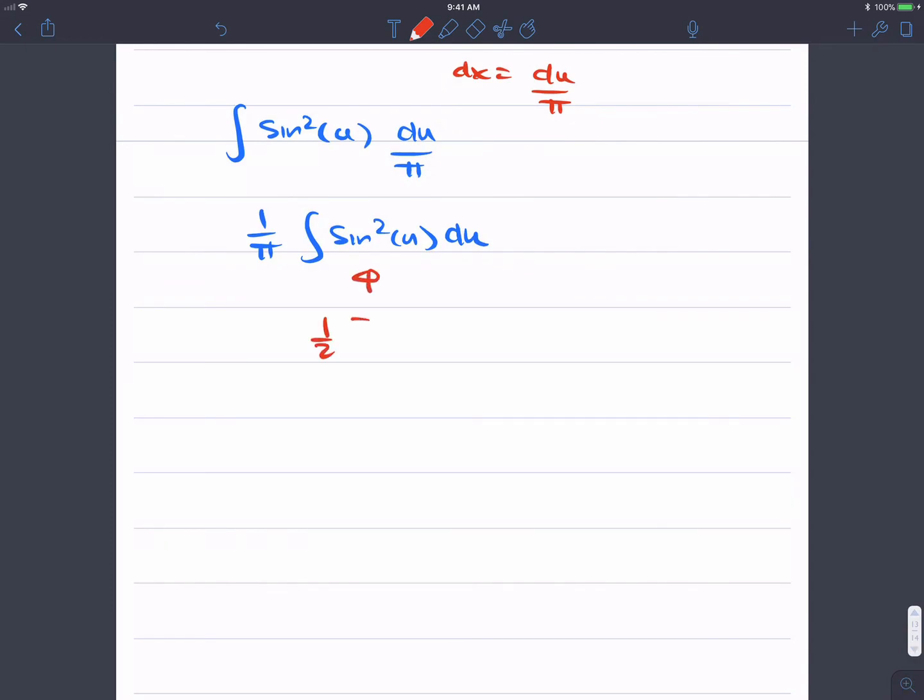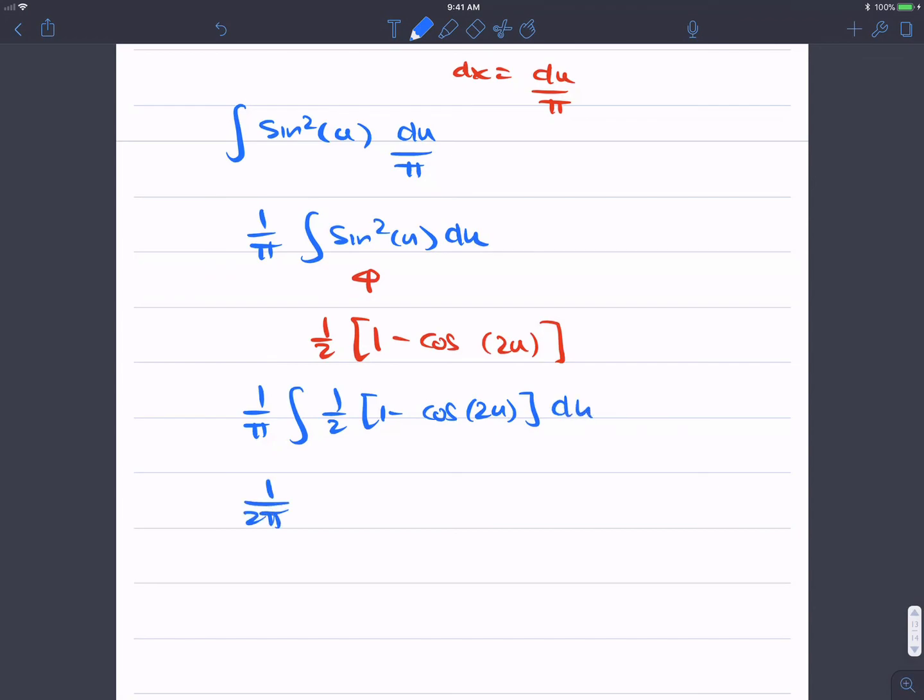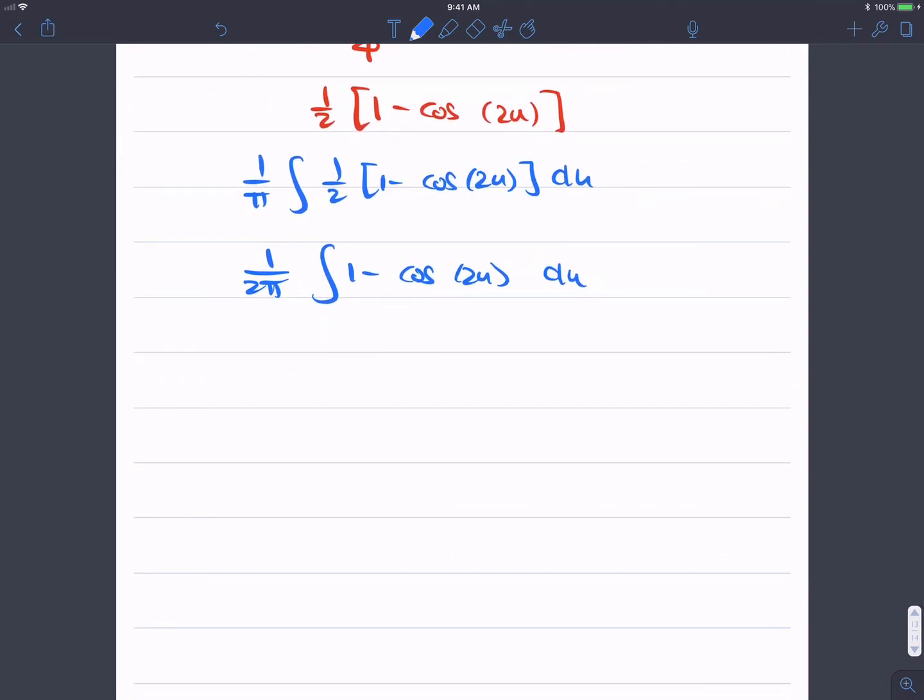Half angle identity: 1/2 times 1 minus cosine 2u. So 1 over pi integral 1/2 (1 minus cosine 2u) du. 1 over 2 pi integral (1 minus cosine 2u) du. Oh, another u sub, different u though.